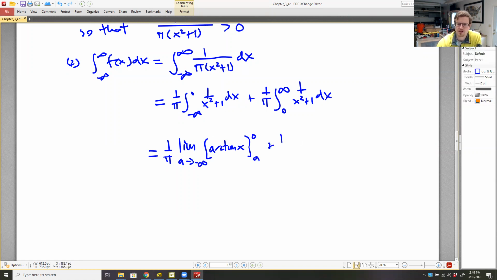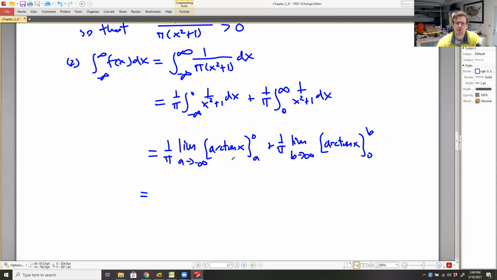And then this is plus 1 over pi times the limit as b goes to positive infinity. The integral is still arctangent, and we're evaluating from 0 to b, letting b go to infinity. All right, when I evaluate, it's the evaluation here minus the evaluation there.